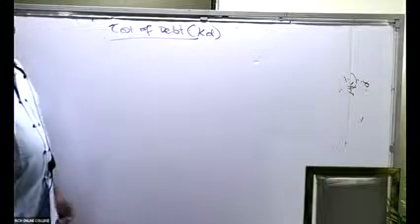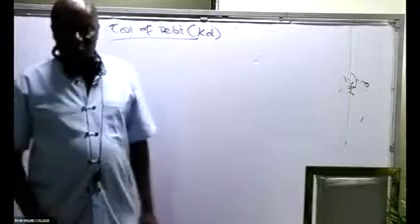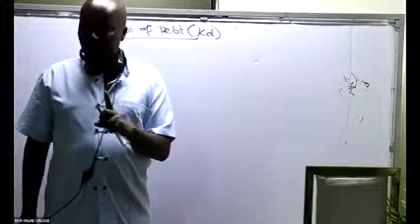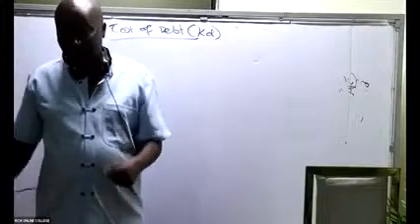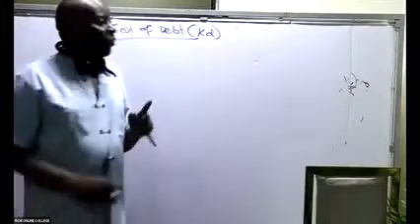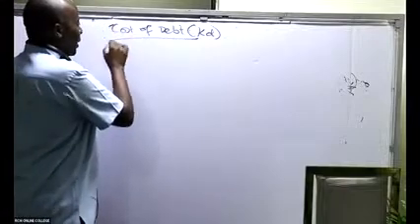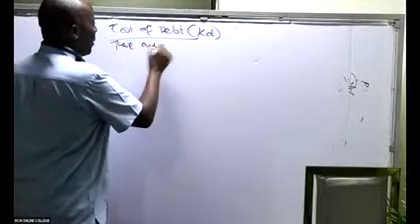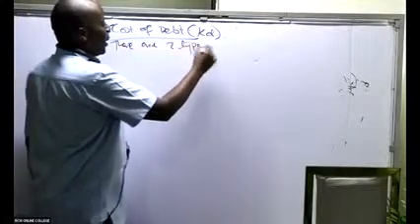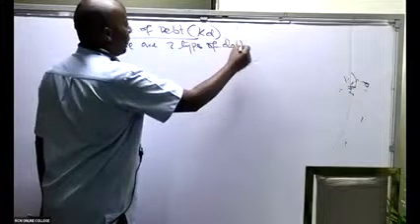Now, this examiner has started becoming tricky and cheeky, and we must be able to know how to catch him. Now, when we talk of cost of debt, we know that we've got 2 types of debt instruments.